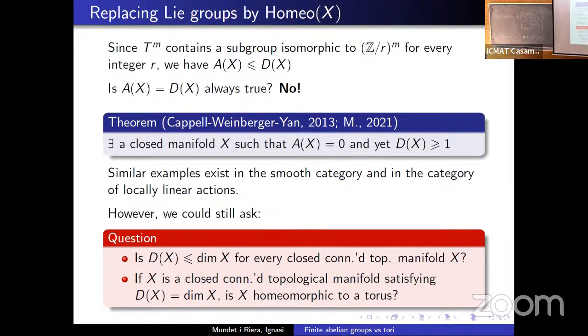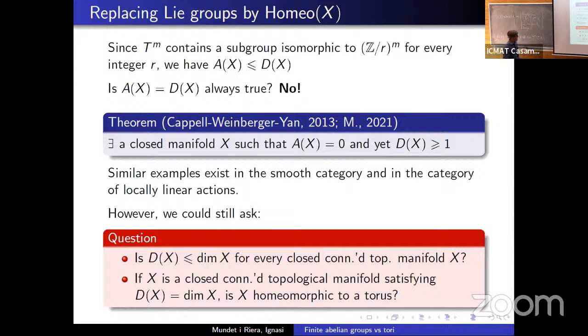Okay, but despite the fact that A of x and D of x are not necessarily the same, one may wonder whether the theorem that I stated regarding A of x also holds true for D of x. Namely, if x is a closed connected topological manifold, is D of x necessarily less or equal than the dimension of x?